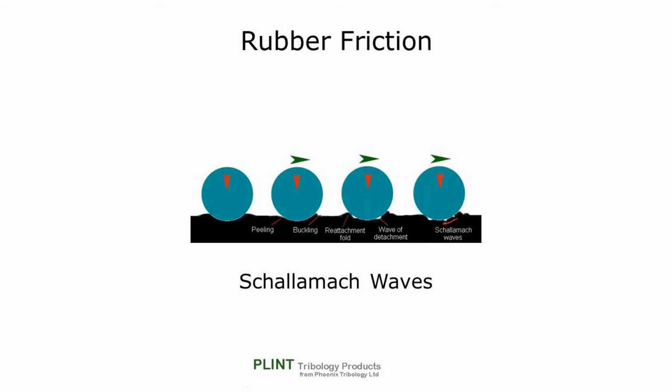This is as a result of the mechanisms first observed by Schallamach. Under relative motion, waves of detachment form at the leading edge of the contact and flow across the contact area away from the leading edge. Rather than gross sliding over the complete contact area, the surface displacements move in folds or buckles.